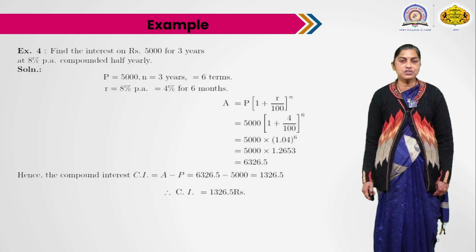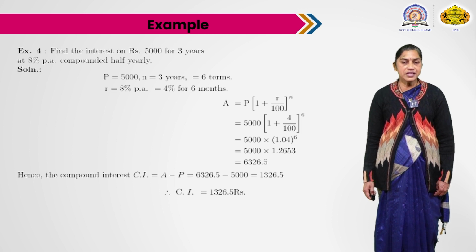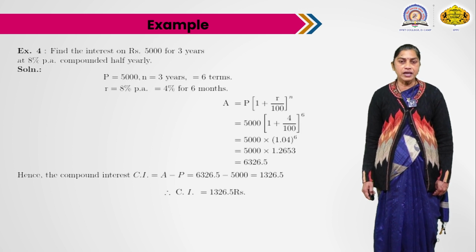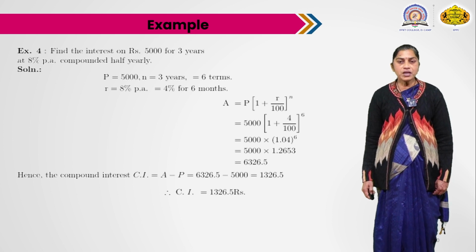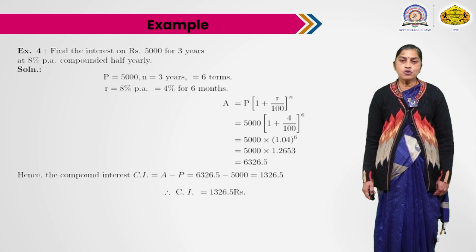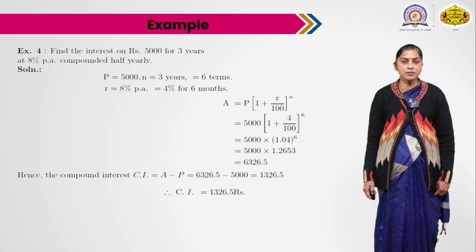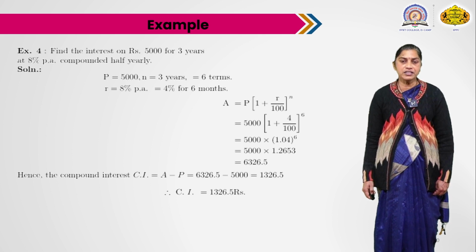Now, use our usual formula. A is equal to P into bracket 1 plus r by 100 bracket raised to n, that is 5000 into bracket 1 plus 4 by 100 bracket raised to 6. 4 by 100 comes to be 0.04 and 1 plus 0.04, that is 1.04, bracket raised to 6 comes to be 1.2653.